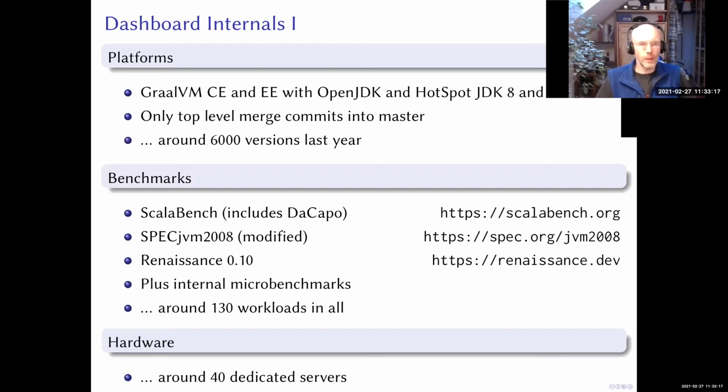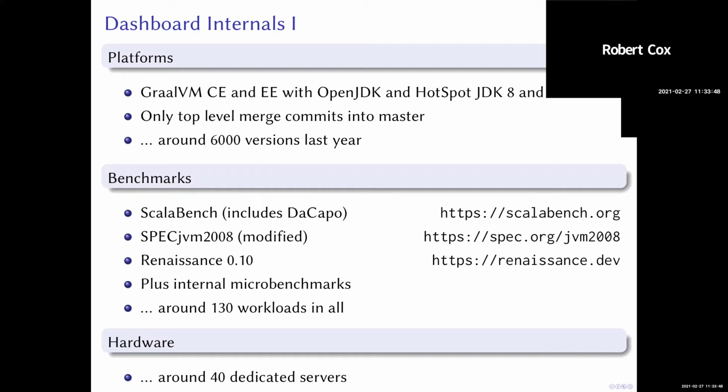We are benchmarking both CE and EE versions of Graal on JDK 8 and 11. We don't measure all the commits, but we measure the top-level merge commits. So we get about 6,000 versions to be measured per year. We use many of the well-known benchmarks, so ScalaBench, which includes the DaCapo benchmark, SPECjvm2008, however in a modified version, so it has nothing to do with SPEC scores.